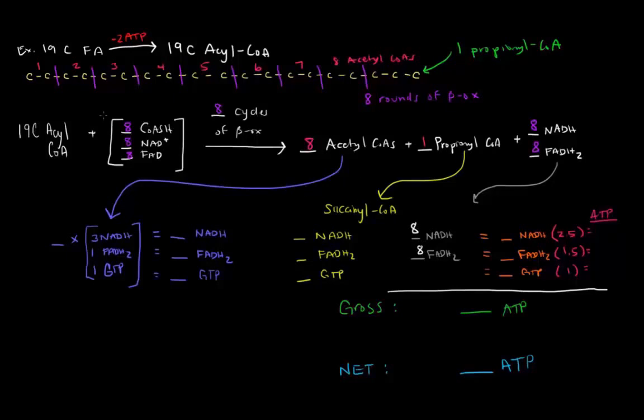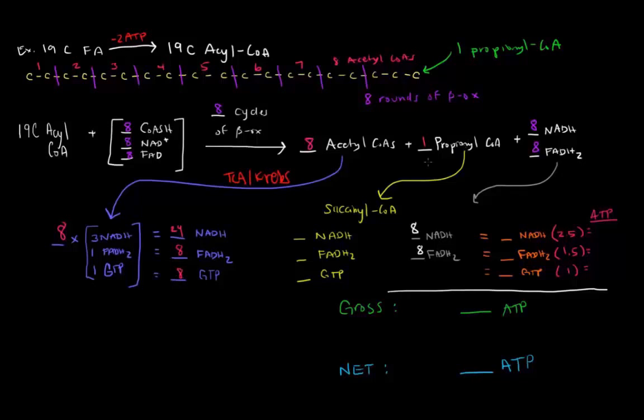These acetyl-CoAs go to the TCA cycle, the Krebs cycle. And of course, each round gives 3 NADHs, 1 FADH2, 1 GTP, and that's for 1 acetyl-CoA. There's 8 of them that we have here, so we're going to multiply each of these numbers by 8, and we get 24 NADHs, 8 FADH2s, and 8 GTPs.